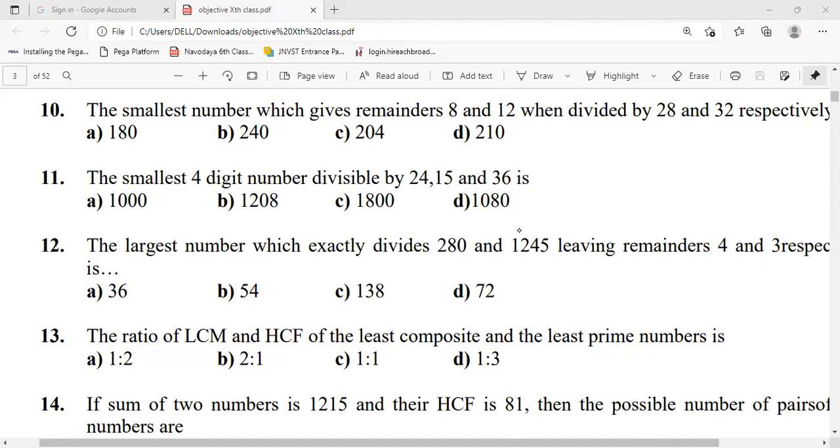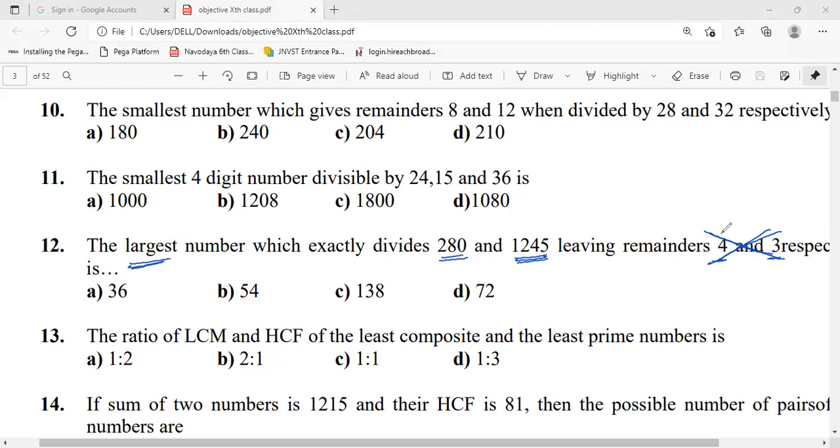The largest number which is exactly divisible by 280 and 1245, leaving the remainders 4 and 3. Remember that if the remainders are not there, directly go for the HCF. Whenever they're asking for the largest number, you go for the HCF of 280 and 1245, then you will get the answer.